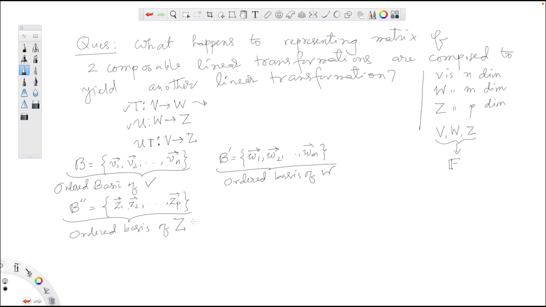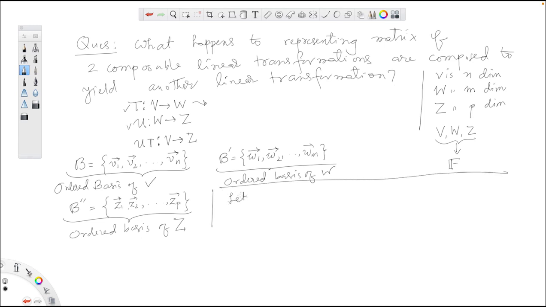Okay, so now let us assume that A is the matrix representing this linear transformation T, relative to the basis B and B prime. So let me write it here.